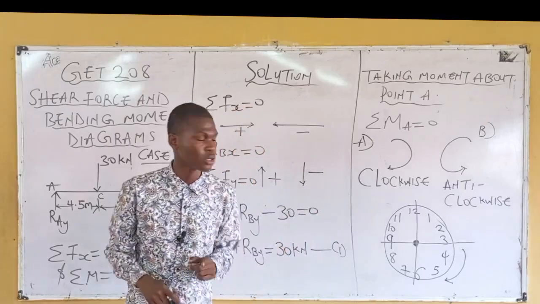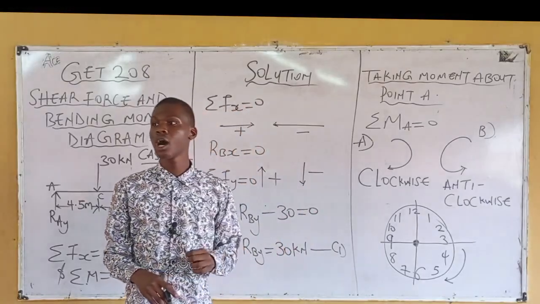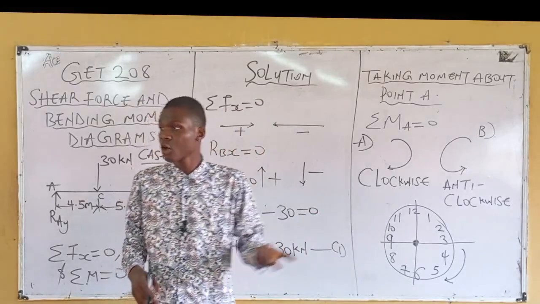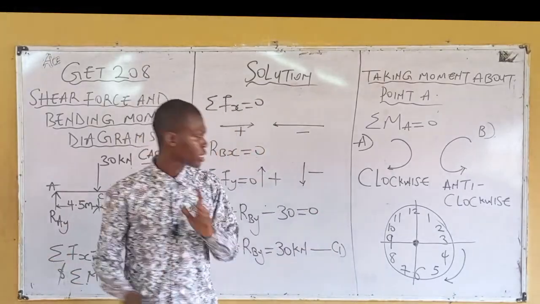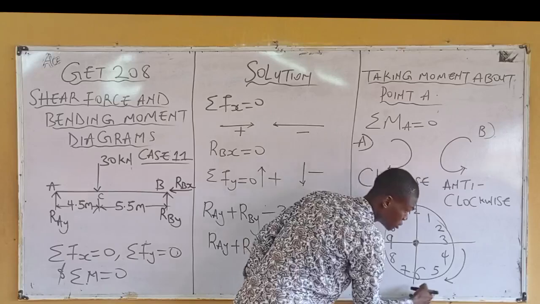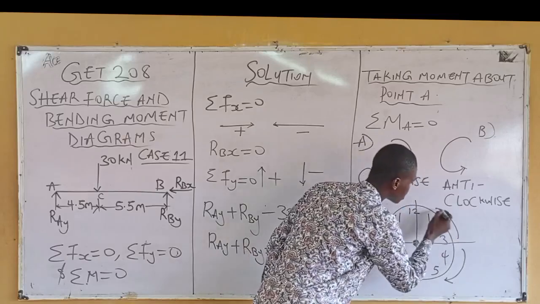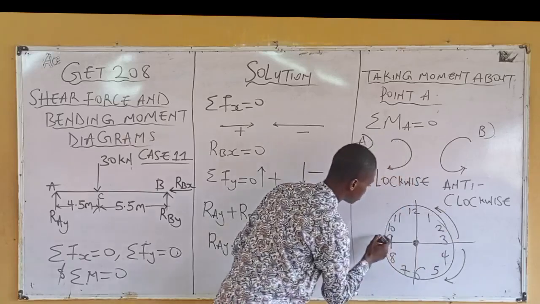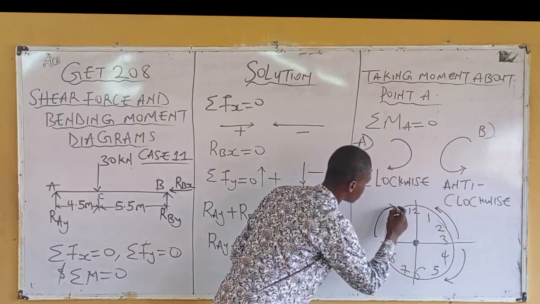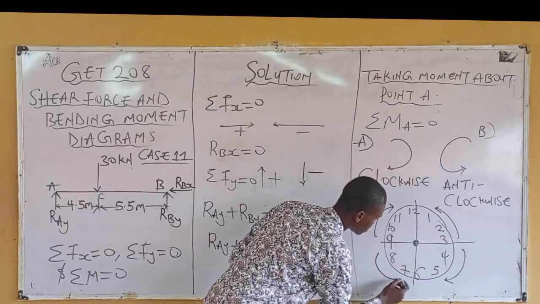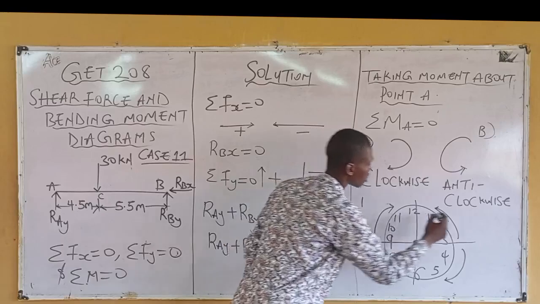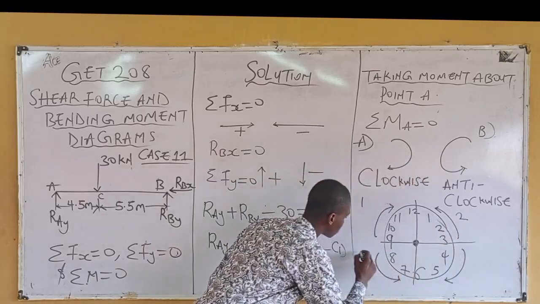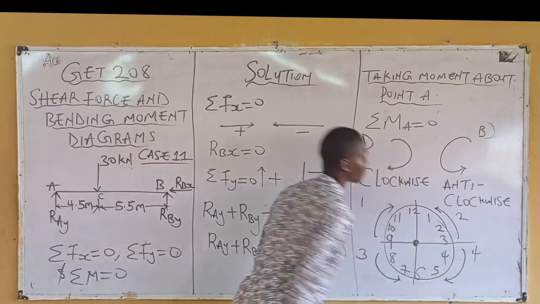And this forward direction, we are going to identify if it is clockwise or anti-clockwise. Now the first one, this direction. The second one, let's say you are going in this direction, you have this, and lastly you have this. Call this 1, call this 2, call this 3, and call this 4.